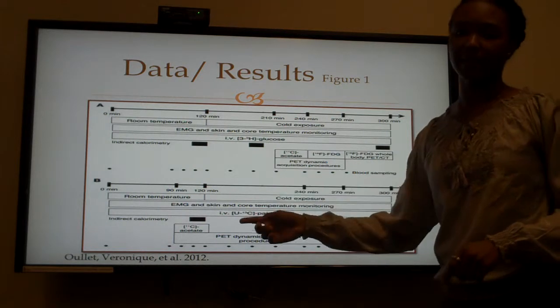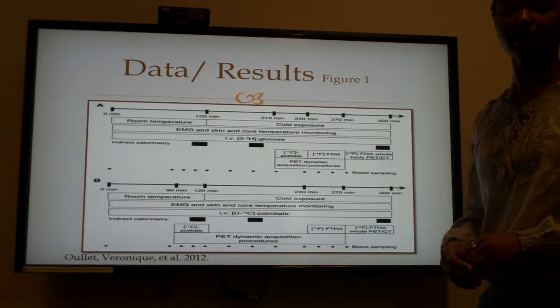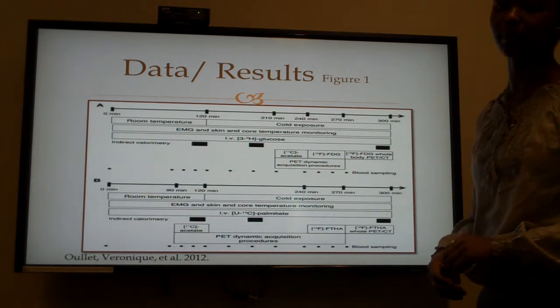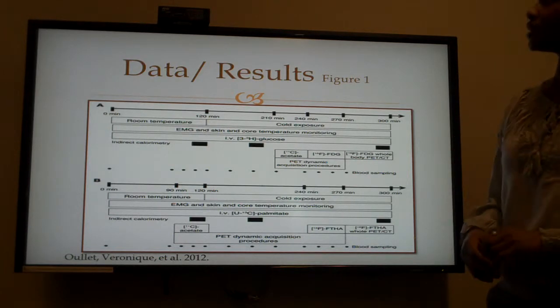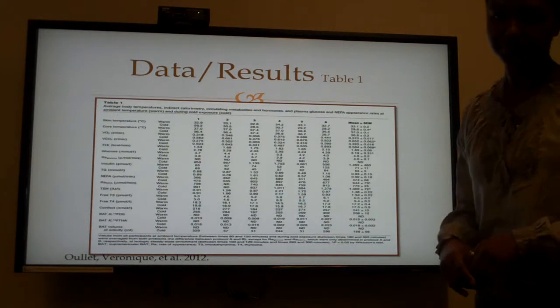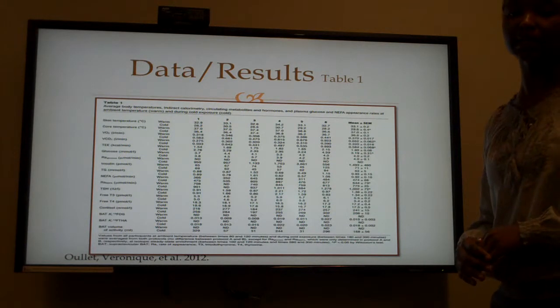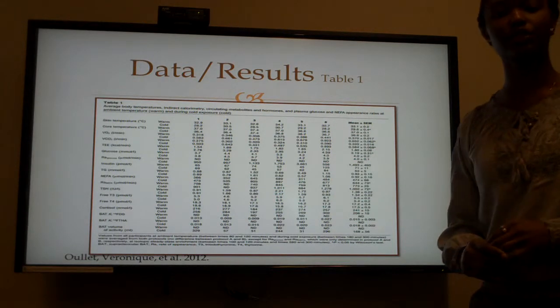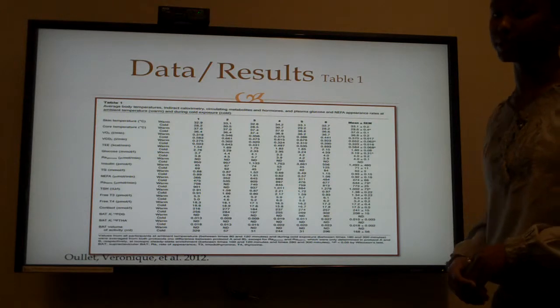Protocols A and B use radioactive analog structures of glucose and palmitate, respectively, to trace indicators and deposits found in brown adipose tissue. Next, Table 1 displays participants' average body temperature, metabolites and hormones, glucose and non-esterified fatty acid, also known as NEFA, appearance rates at both warm and cold temperatures.